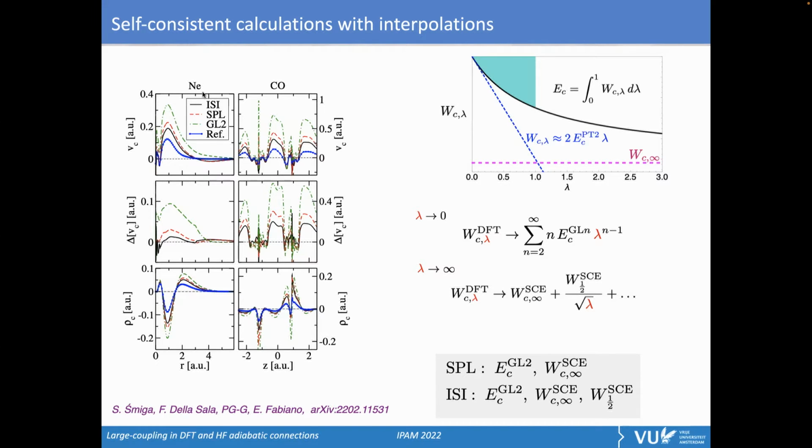And the only thing I would like to show is this correlation potential of Kohn-Sham for neon and for the CO molecule. And what we see is that this potential has a very decent shape.